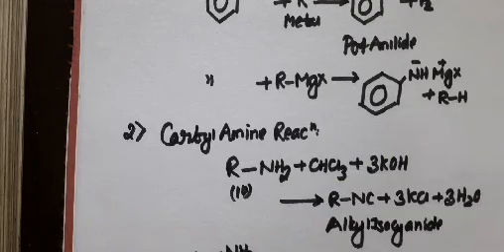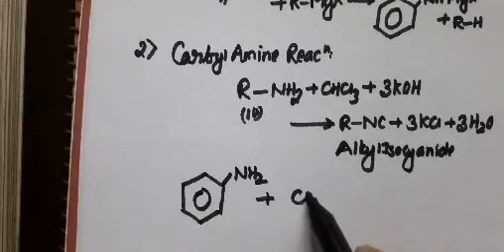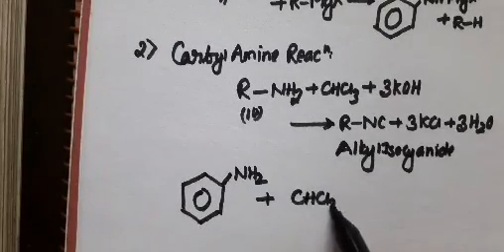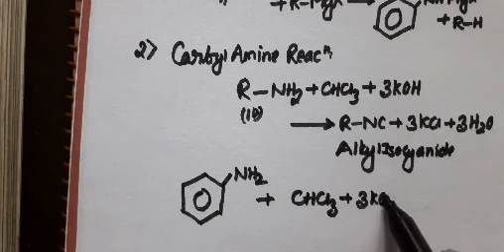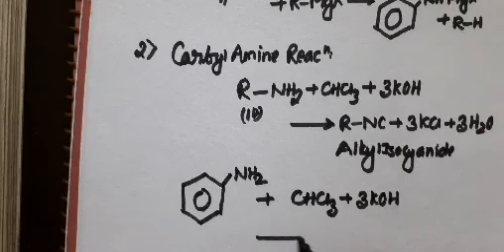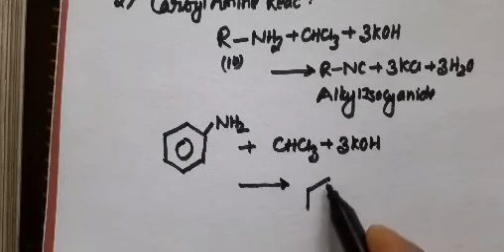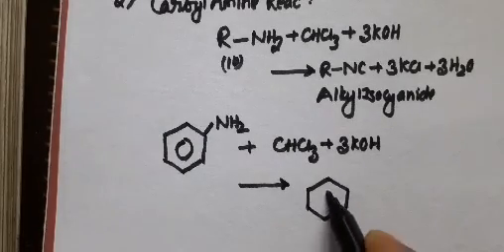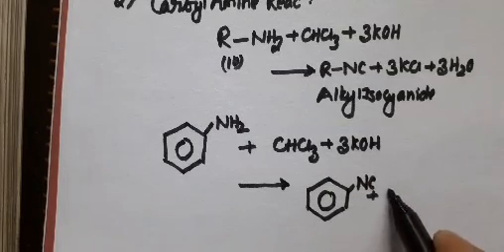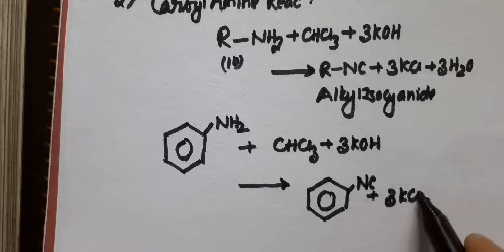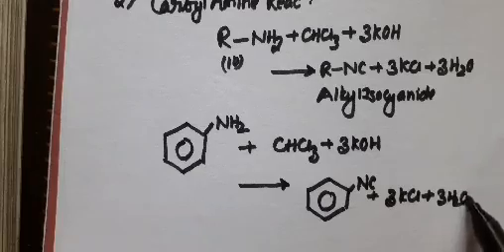This is the structure of aniline, and it reacts with chloroform and alkali. It will result in the formation of phenyl isocyanide plus 3 KCl plus 3 H2O.